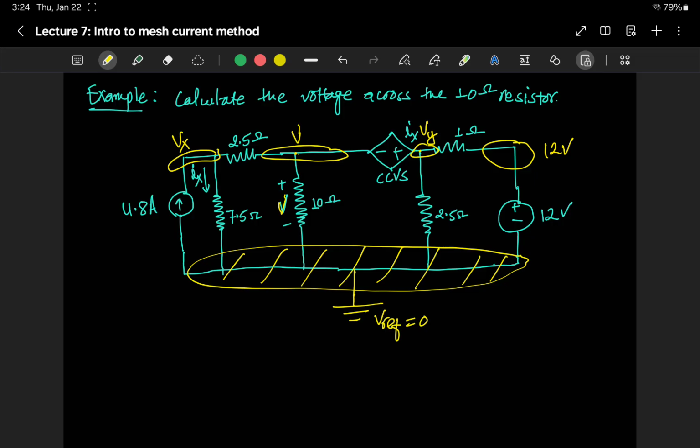So let's do that here because that will make the problem easy. So we have 2 unknown non-reference nodes, and in between those we have this voltage source. So whenever we have this kind of situation, we can use a concept called supernode.